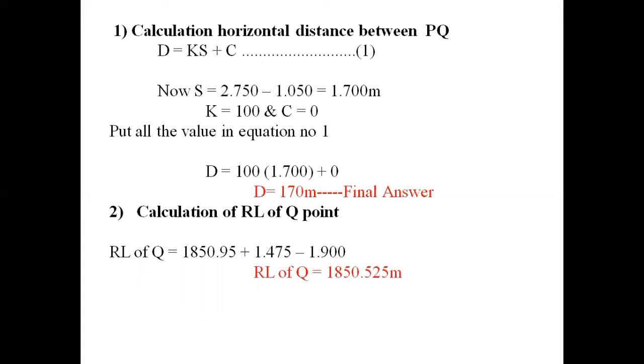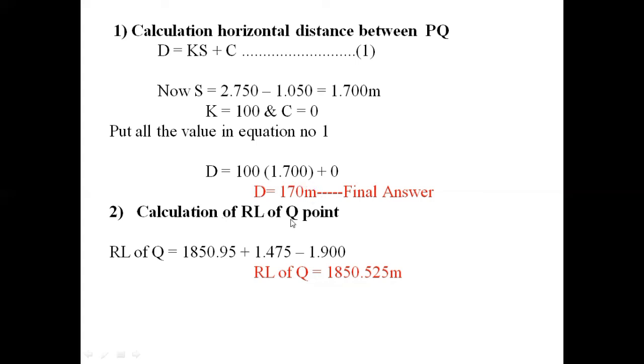You also know the value of K is 100 and the value of C is 0. Put all these values in equation number 1. We get D is equal to 100 times 1.700. Therefore, D is equal to 170 meter. That is the horizontal distance between P and Q.